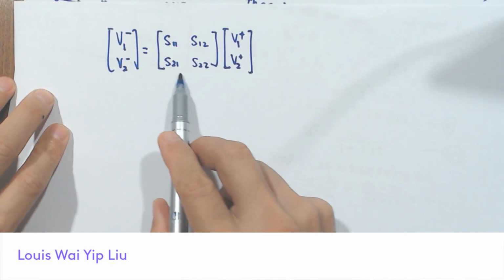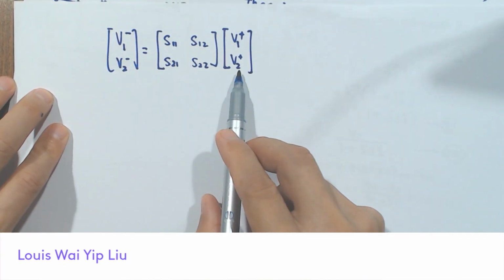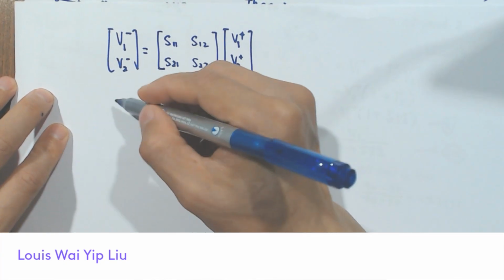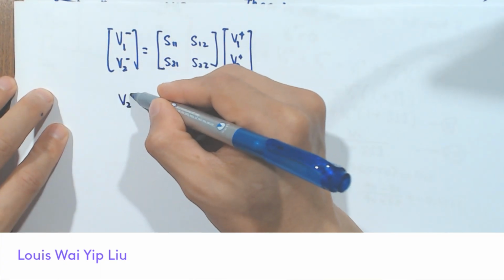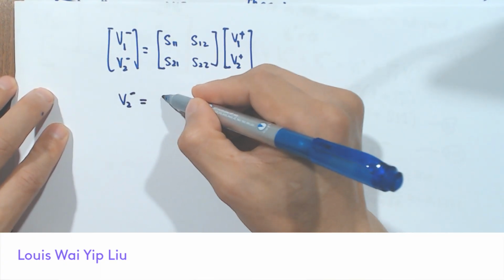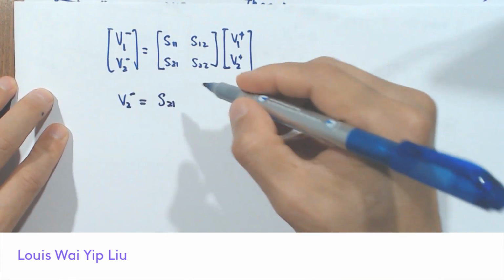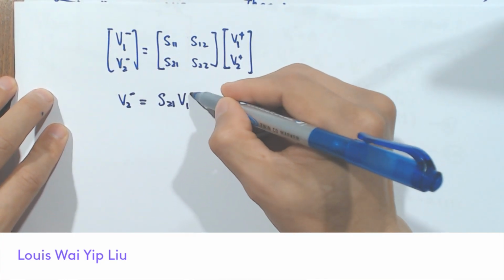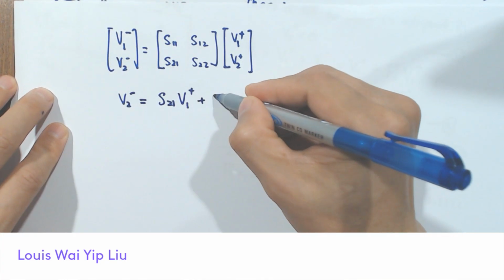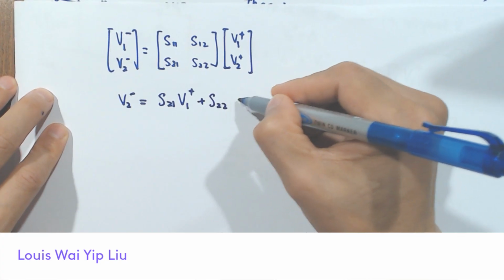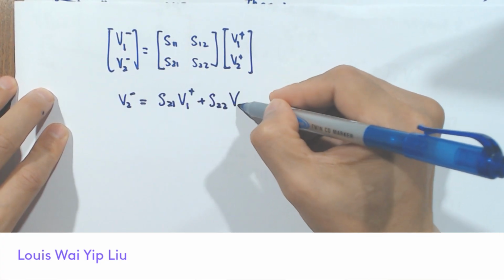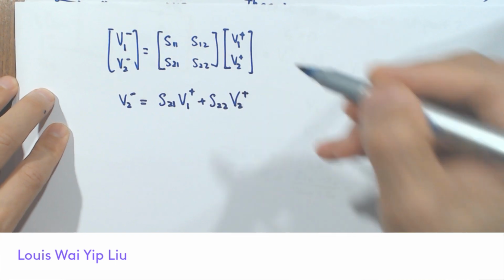And according to one of the equations within this matrix system, we know V2 minus is equal to S21 V1 plus S22 V2 plus.